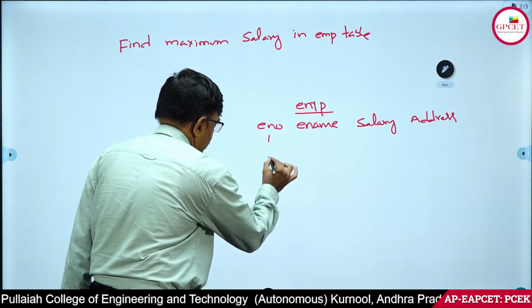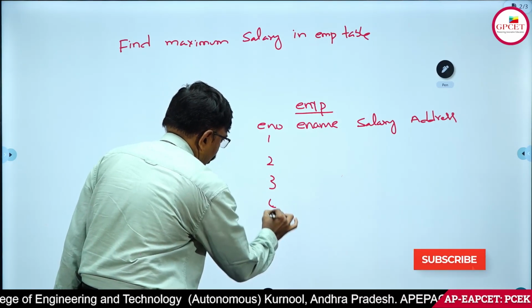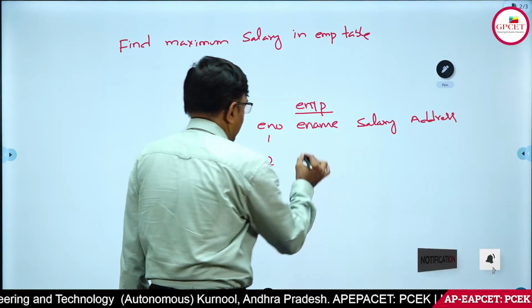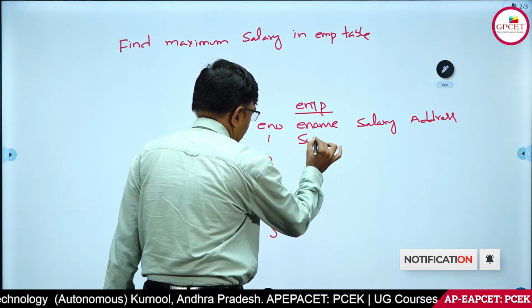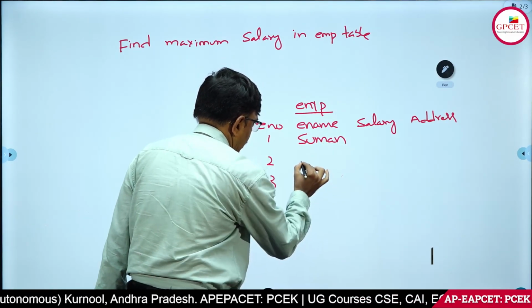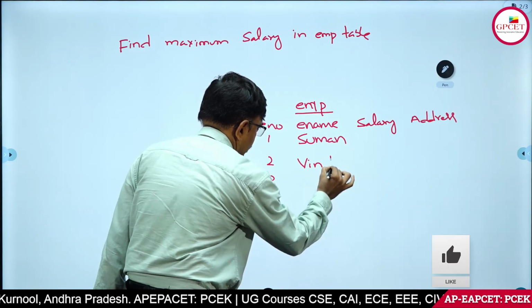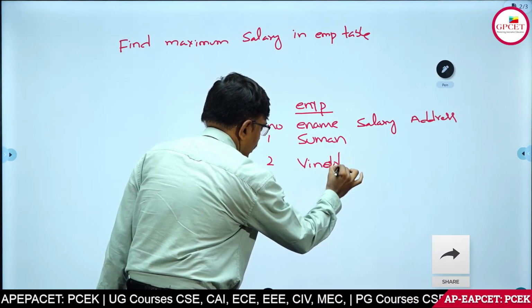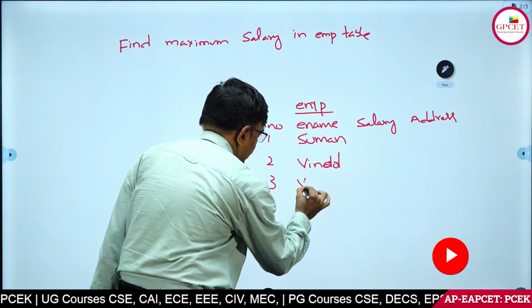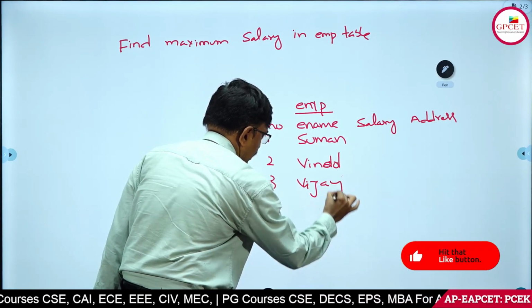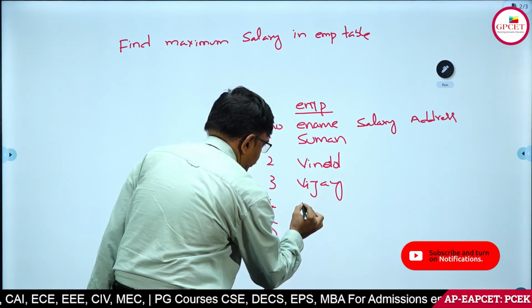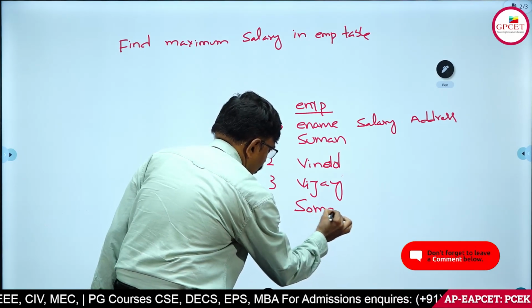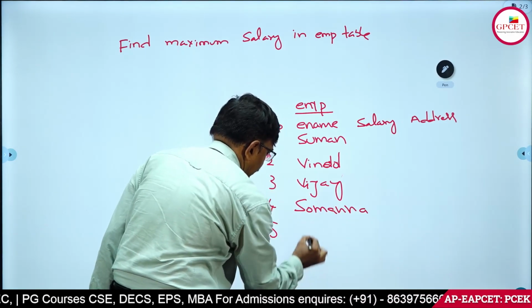Employee numbers are 1, 2, 3, 4, 5. Those are the employee names: Suman, Vinod, Vijay, Somanna, and John.